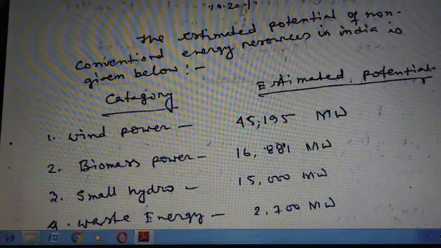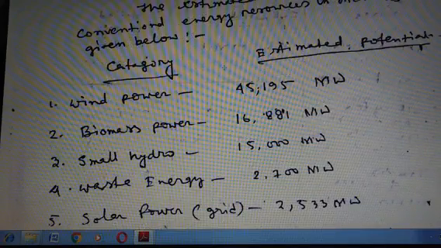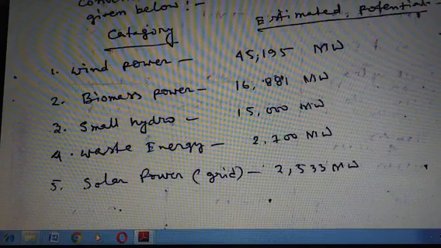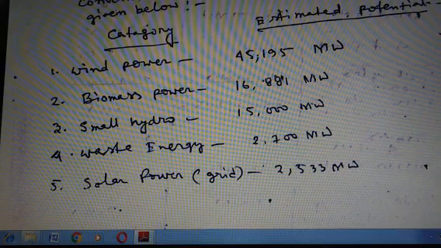Now the estimated potential of non-conventional energy sources in India is given below. In case of wind power, the estimated potential is 45,195 megawatt. By biomass power, the estimated potential is 16,881 megawatt.